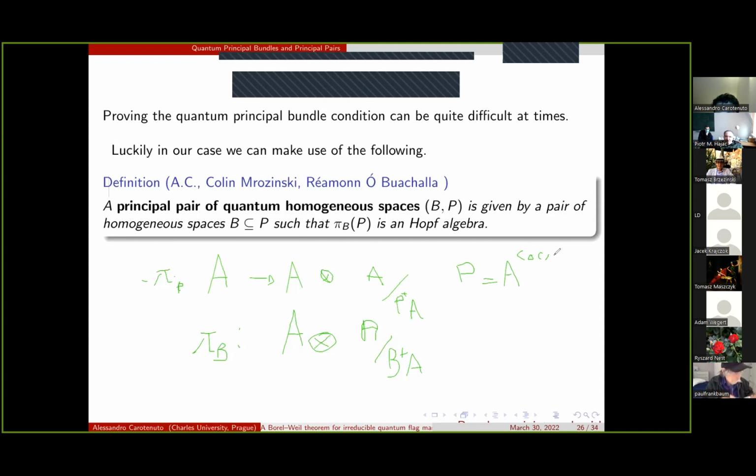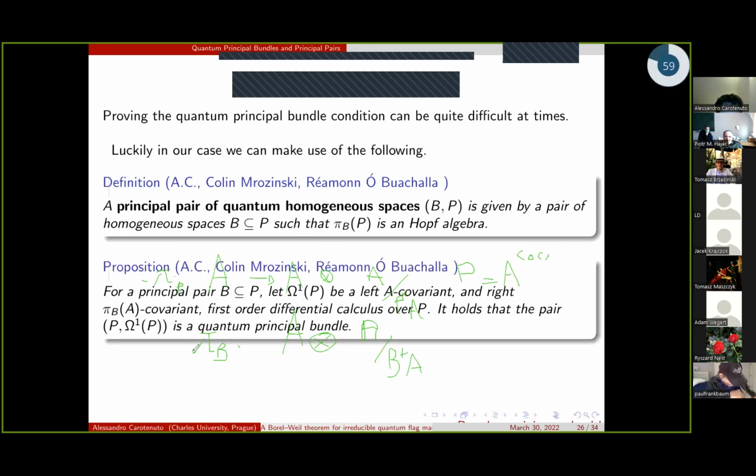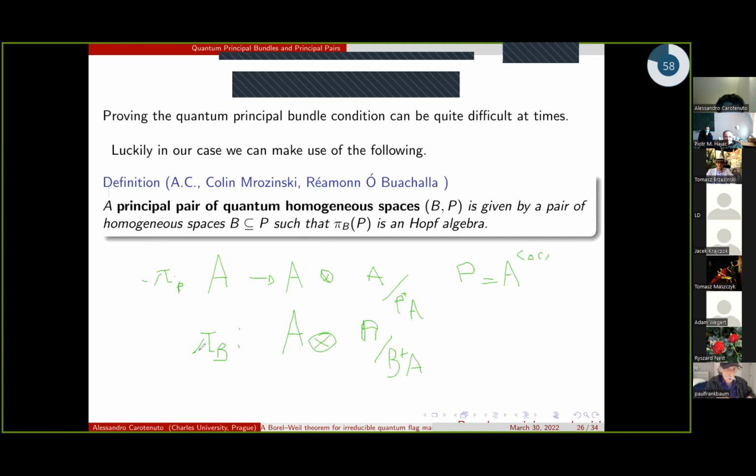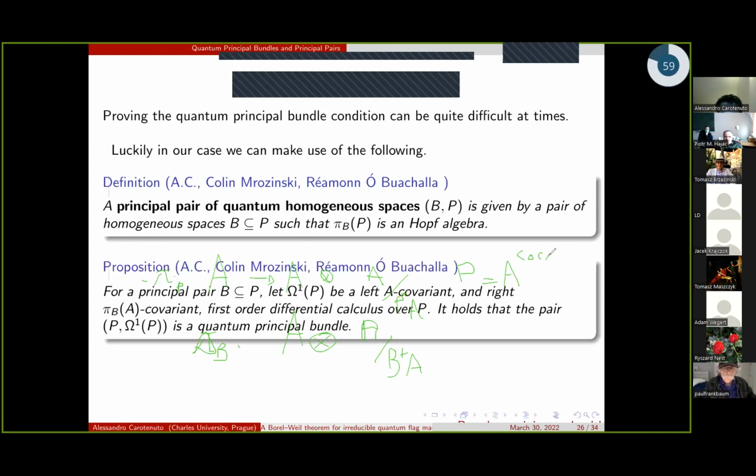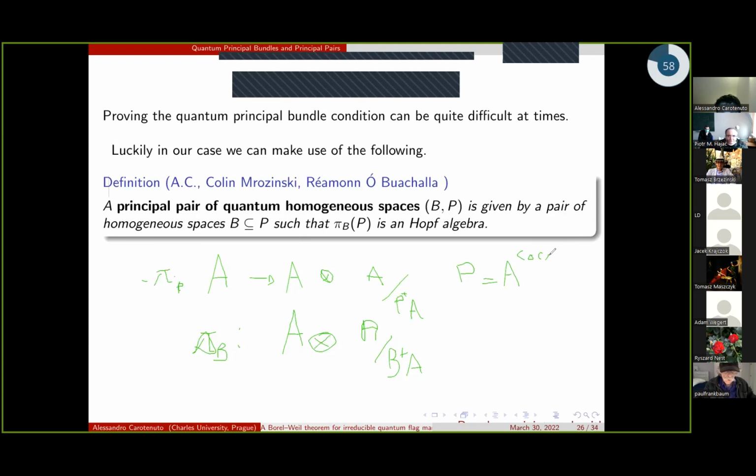That's classical Schneider. Let's call this map delta. So this is the coinvariants with respect to delta of P.